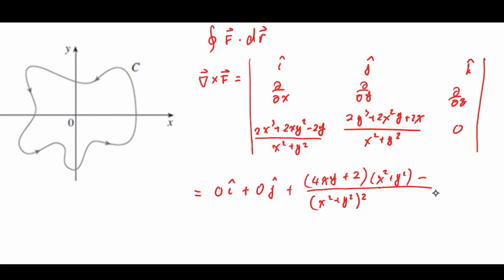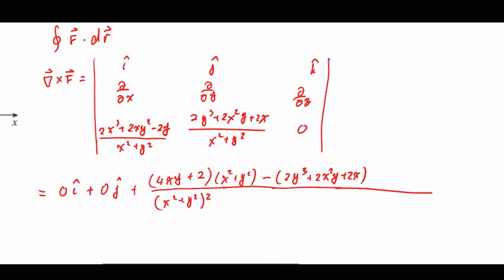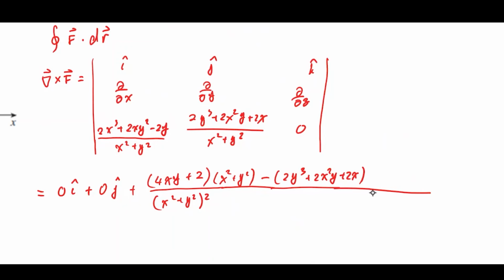Minus, and that numerator, holy cow. So we have 2y cubed plus 2x squared y plus 2x. Looks like I'm not making this thing long enough. And then the derivative of the denominator, which is 2x. I did make this thing too long. You with me that much?